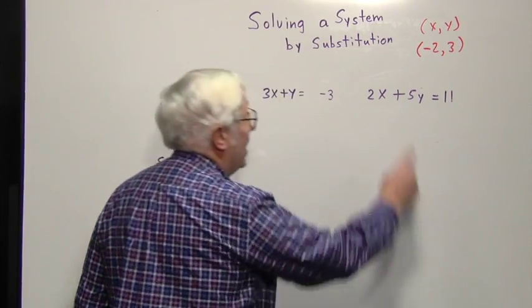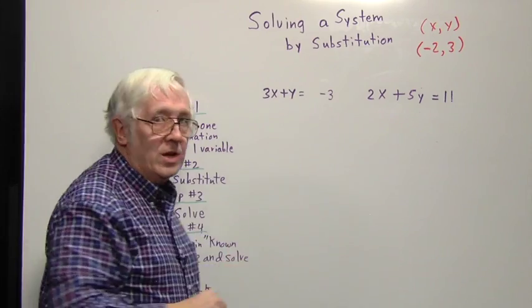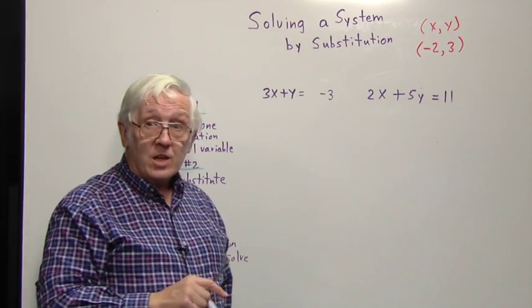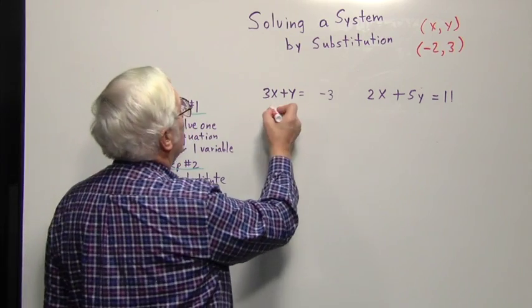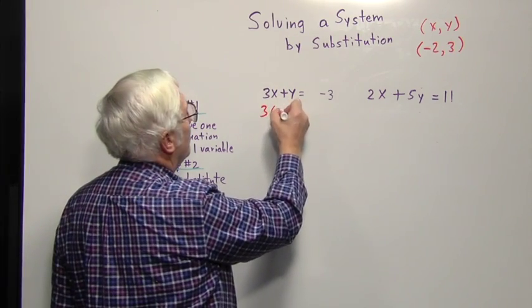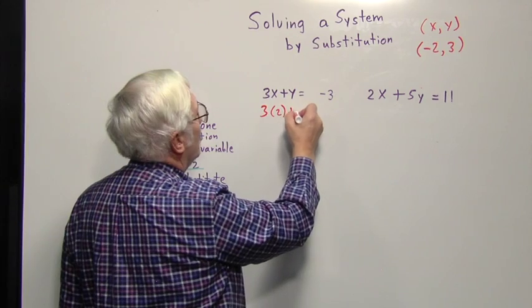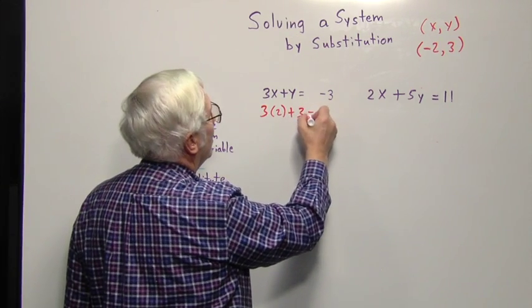So we're going to, again, plug these values in each of the equations, and if it works for each of the equations, we're fairly certain that we have a solution. So the x is -2 and the y is 3.